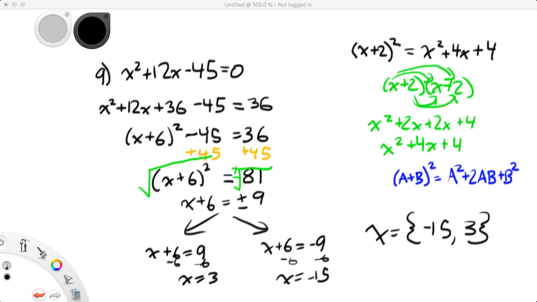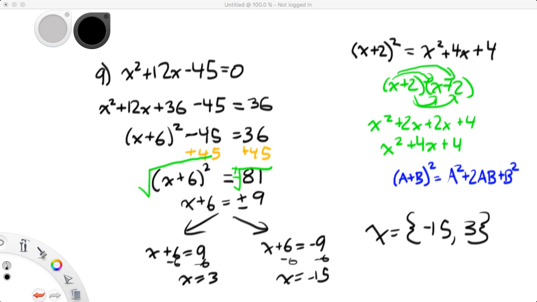But now instead of this 0 over here, I added a 36 onto this side of my equation. That means I've got to add a 36 onto this side of my equation, otherwise I will have changed the equation, and I don't want to do that. So what happens when I add 36 to 0? Hey, that's pretty good. All right, good. So I added 36 to both sides. Totally fair. I can do that because I put it on both sides, right?